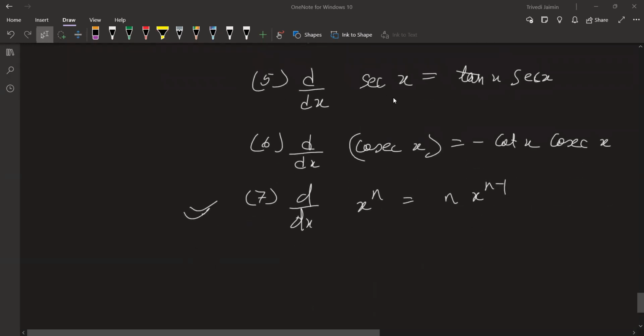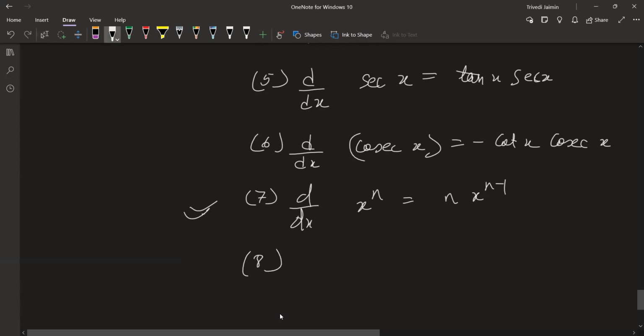Sir, I think you didn't mention the formula of 1 by x. It's a similar form, right? 1 by x means x to the power minus 1. Yes, and for 1 by root x, the derivative will be 1 by 2 root x. Okay, sir. That's the same, it's just a similar form of x to the power n.